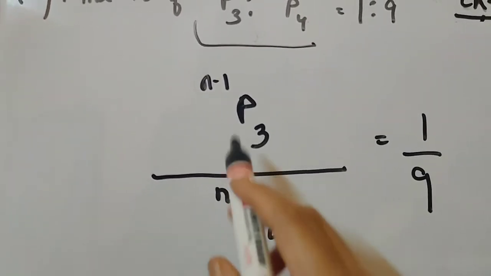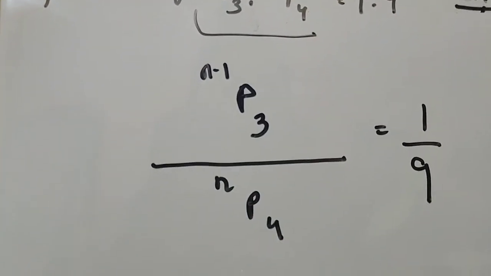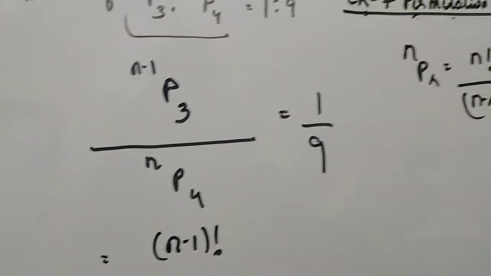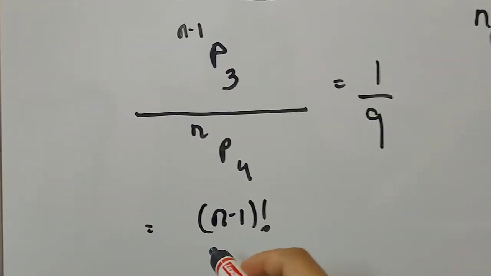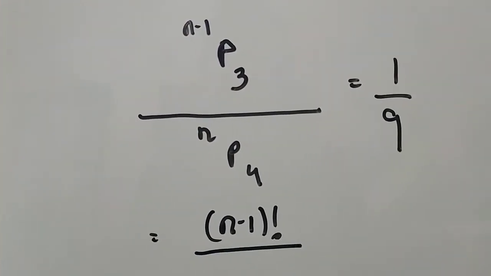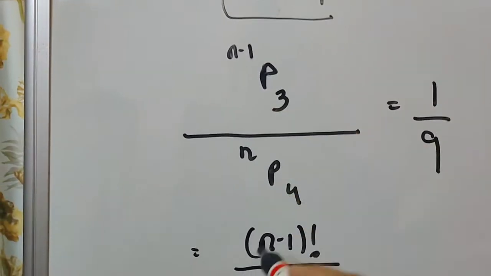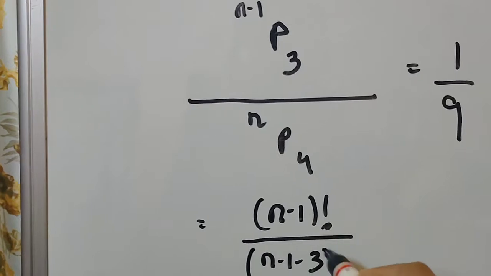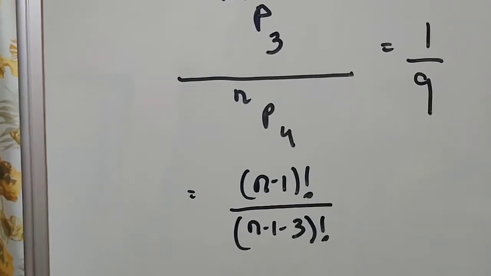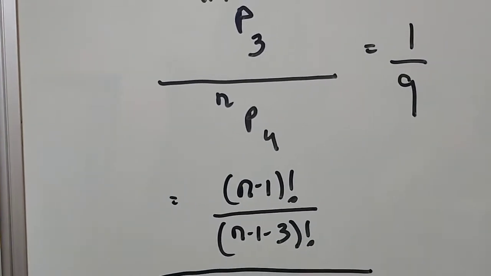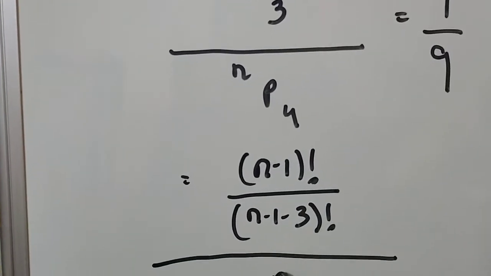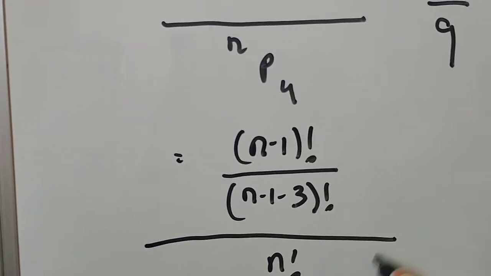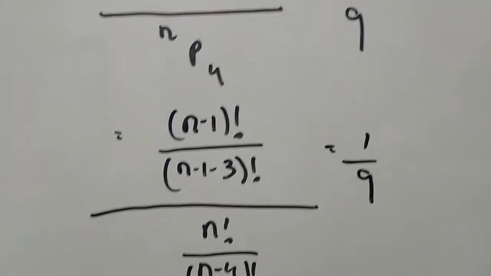Now n minus 1 will behave as (n minus 1) factorial, divided by (n minus r), that means now it will be (n minus 1 minus 3) factorial, divided by nP4, which is n factorial by (n minus 4) factorial, equal to 1 by 9.